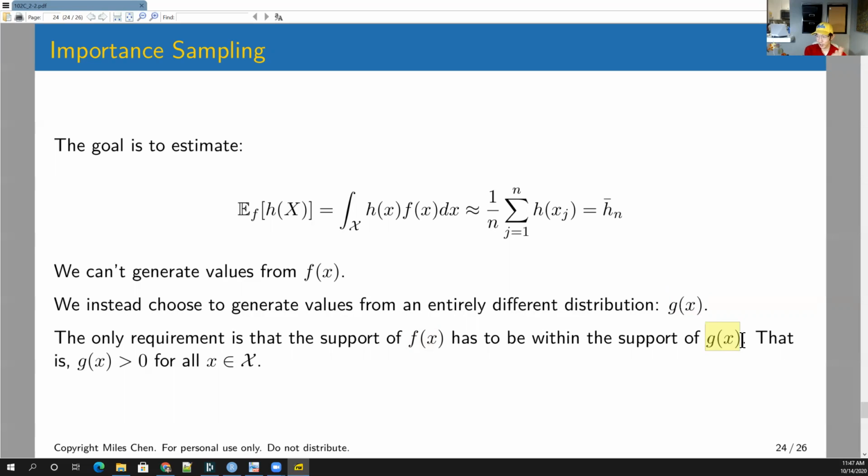You can use a function that's defined from 0 to infinity, or from negative infinity to positive infinity, but you're not allowed to use a function that goes from 0 to 100, because if f of x goes from 0 to infinity, it's not fully contained on the interval 0 to 100. So the only requirement is that the support of f, the region where f of x is greater than 0, has to be fully contained in the support of g.